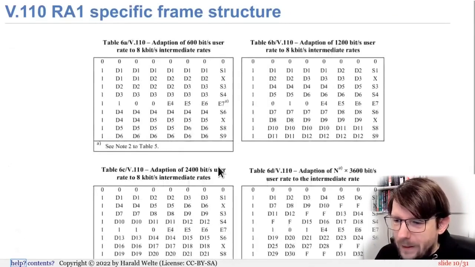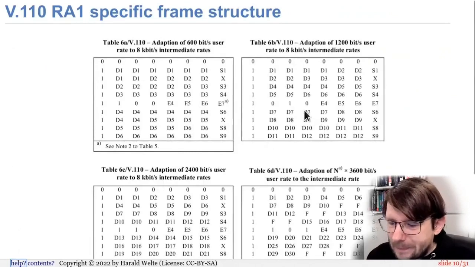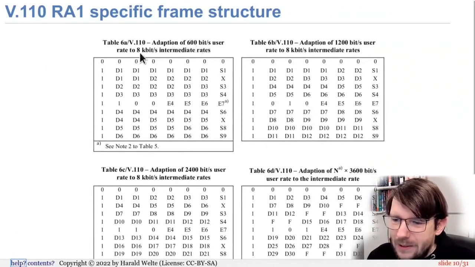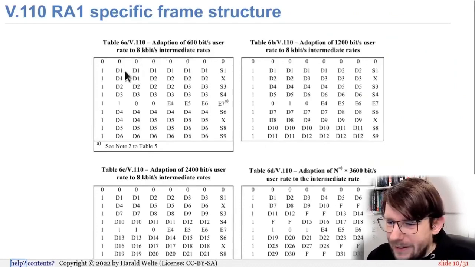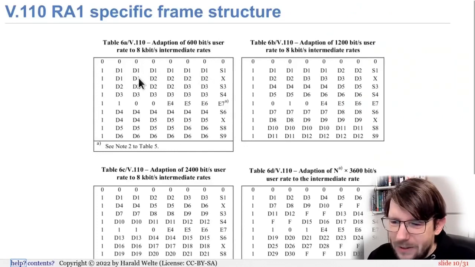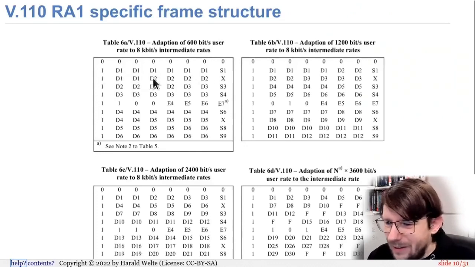And that is shown in the diagrams on this slide, where we can see, for example, the 600-bit user bitrate on the input side, adapting to an 8 kilobit intermediate rate at the output side. We basically have every bit repeated 8 times. So the first user bit gets sent 8 times, the second user bit gets sent 8 times, and so on, and you fill it up.